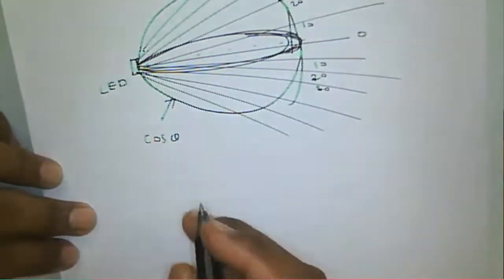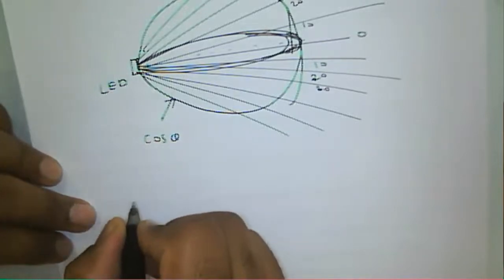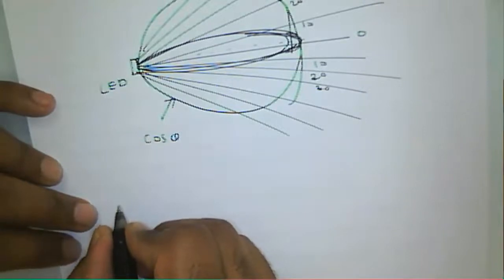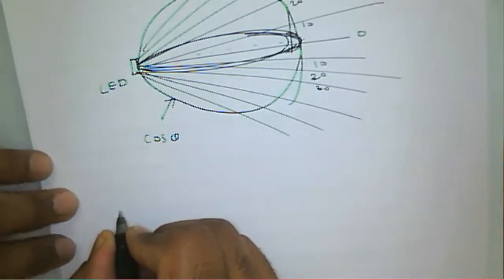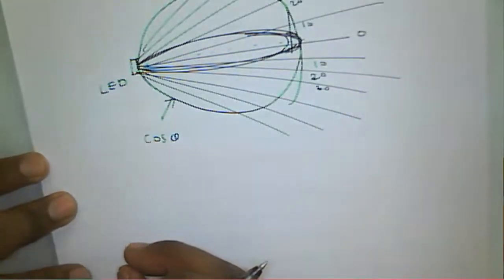And then how much power is coupled from this source to the fiber depends upon the brightness in the given direction.